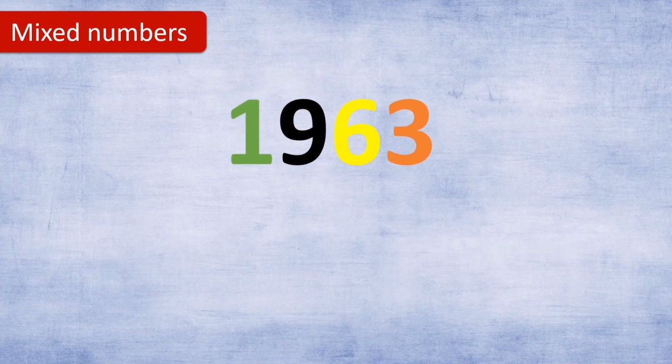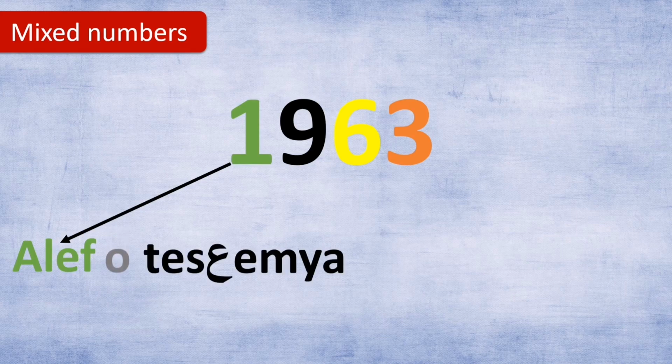Okay? Now let's go to see another example. Oh, this one is a little bit bigger. 1963. How to read it? We would follow the same method that we did before. We will start with the first number, which is 1000, ألف, and the next one is 900, and the last two numbers we read them from right to left.